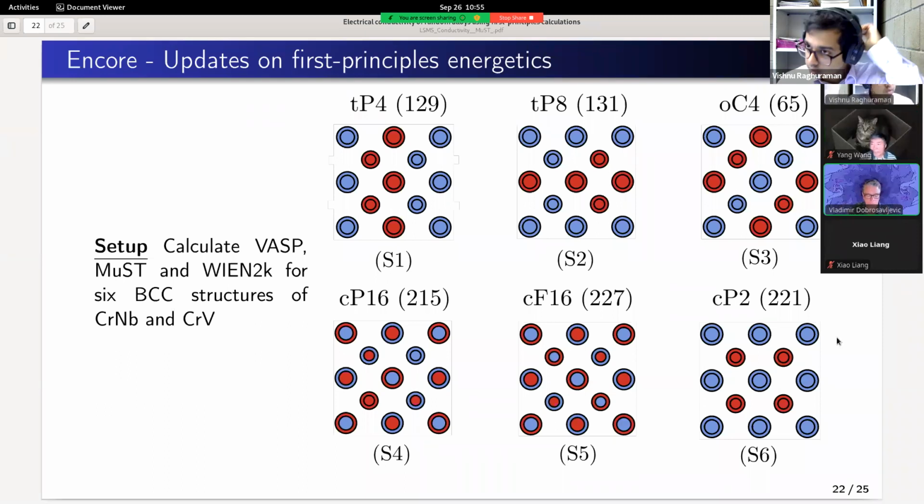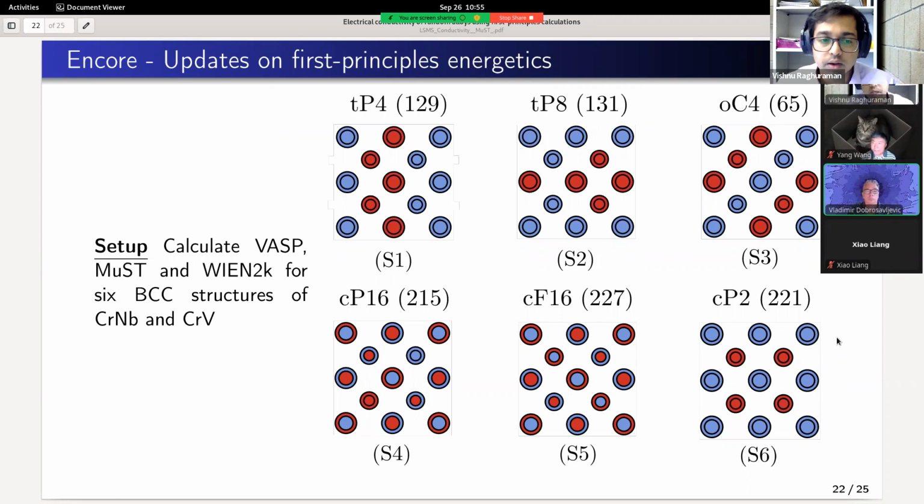So WIEN2K uses the full potential LAPW method. VASP uses a pseudo potential method where they have a frozen core, and MUST uses the KKR-Green's function method. So there are three completely different approaches, and we want to see whether they give similar results.